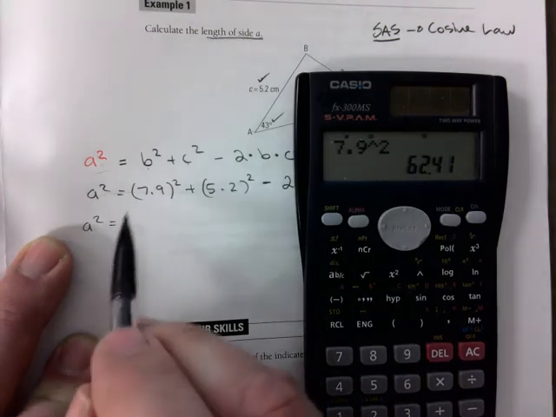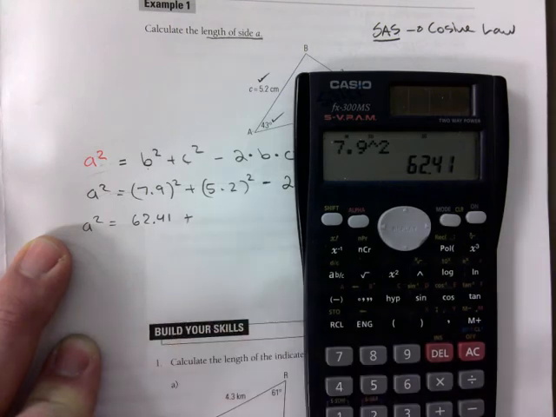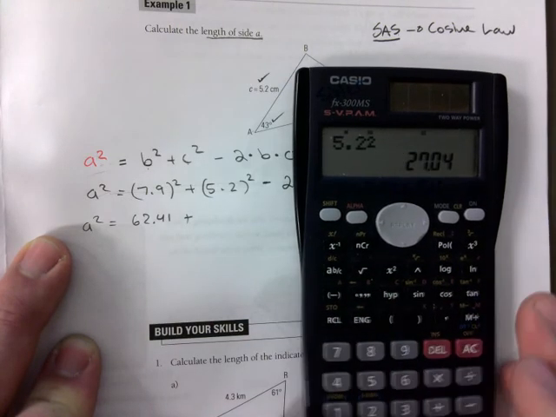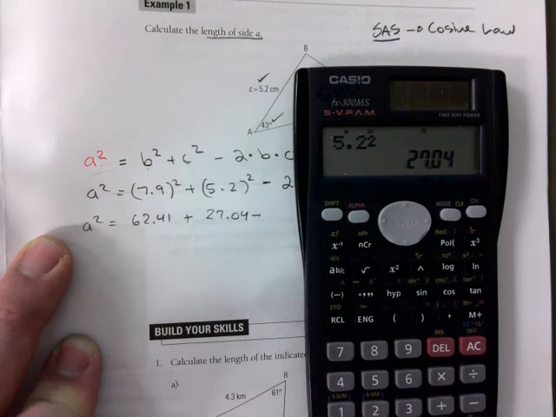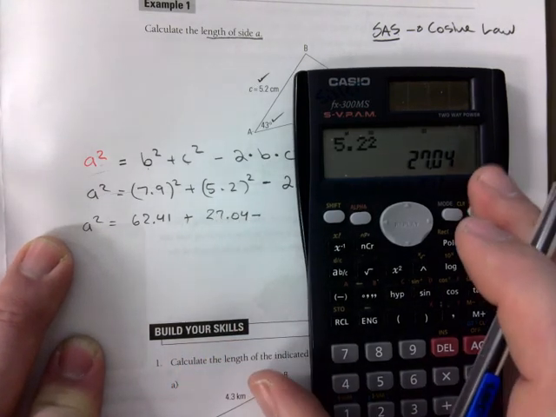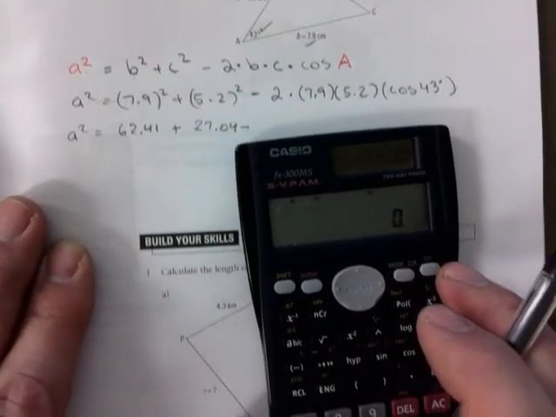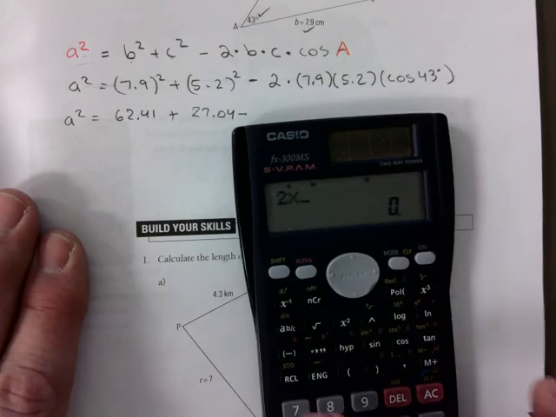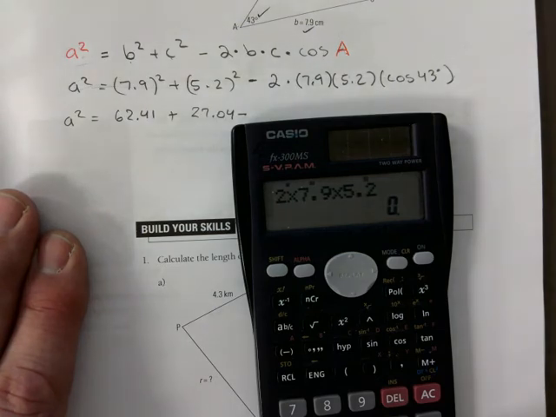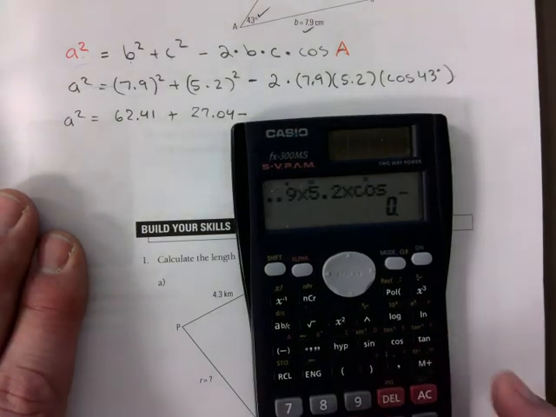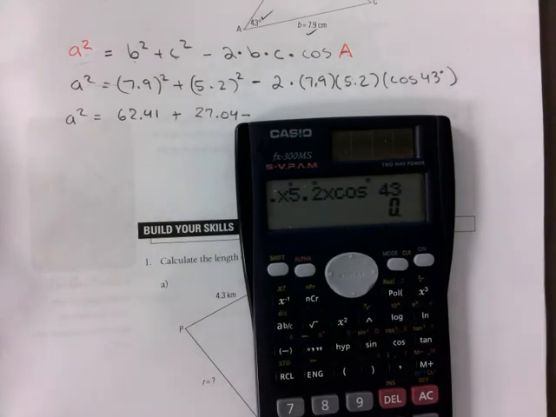Okay, so we'll go 62.41. 5.2 squared is 27.04, minus. This is where your calculator comes in. Please follow with this one. I want to see if you can do this. So you go 2 times 7.9 times 5.2 times cosine of 43.